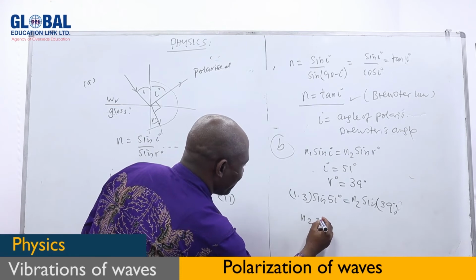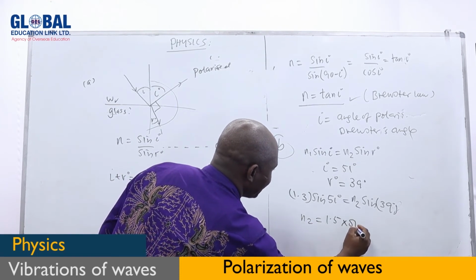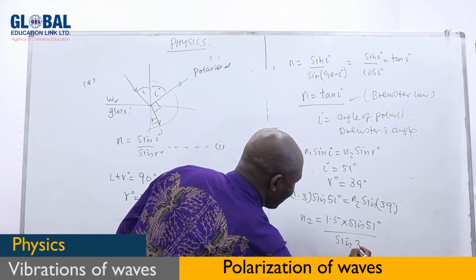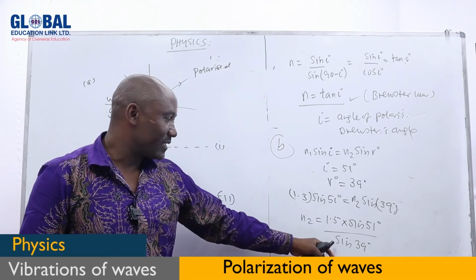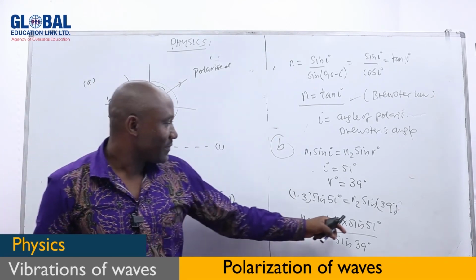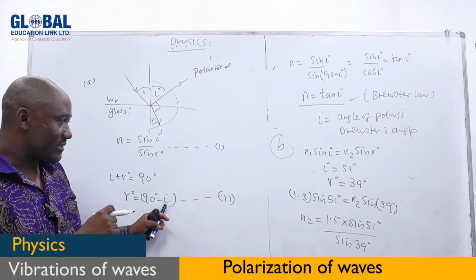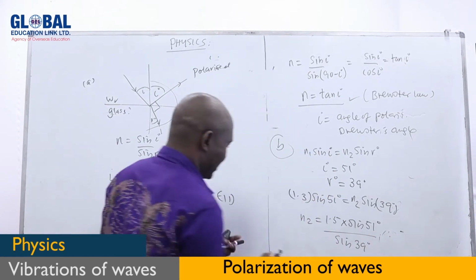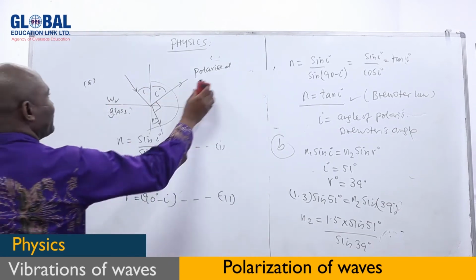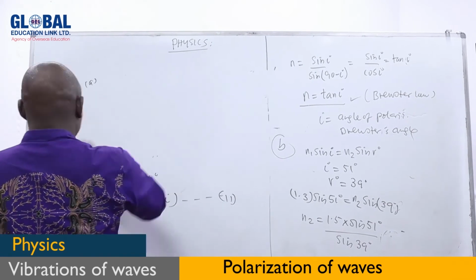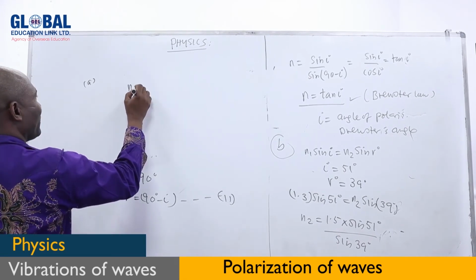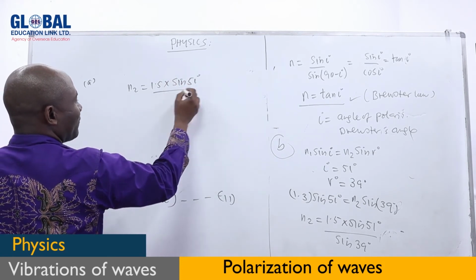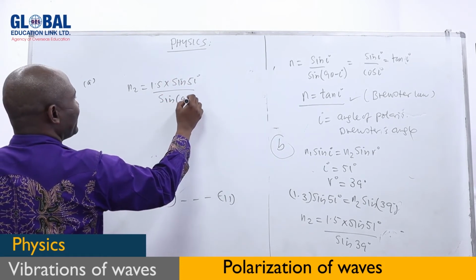What is N2? N2 equals 1.3 times sine of 51 divided by sine of 39. In other words, if you convert this sine of 39 to sine of 90 minus 51, then N2 equals 1.3 times sine 51 over sine of 90 minus 51.